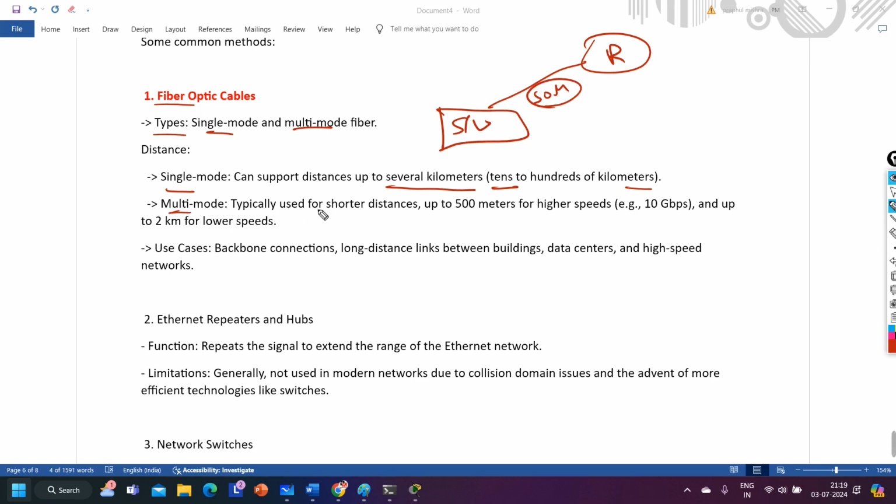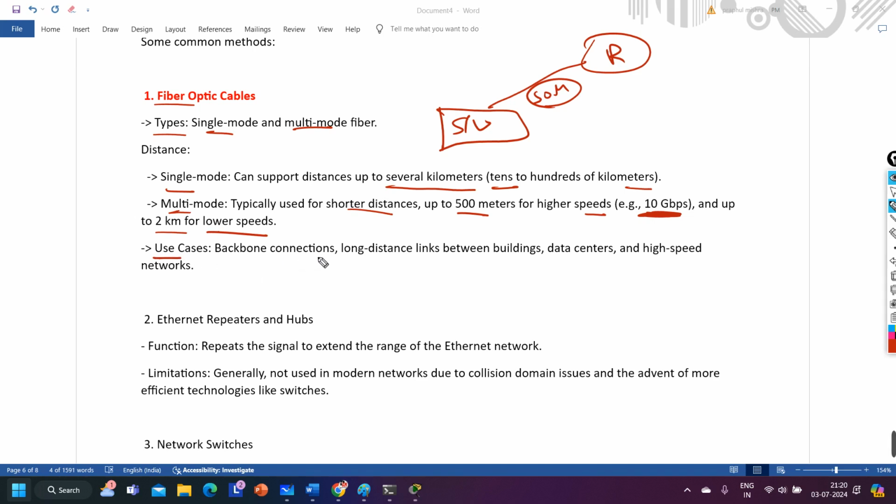Multi-mode, correct? Multi-mode is typically used for shorter distances up to 500 meters for higher speed, and up to 2 kilometers for lower speeds. For 500 meters, what speed will you get? 10 Gbps. Wow.